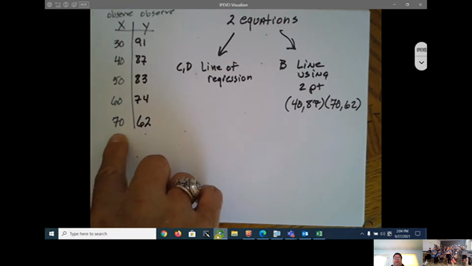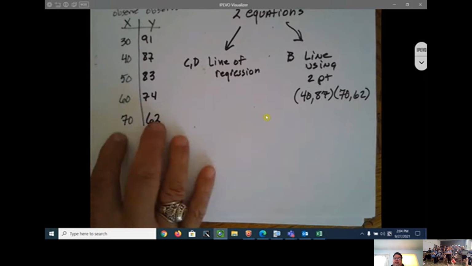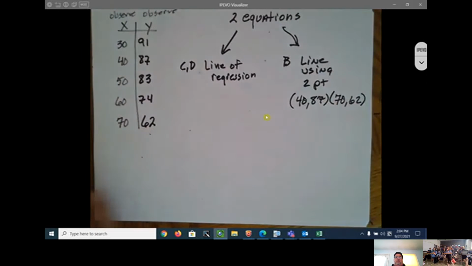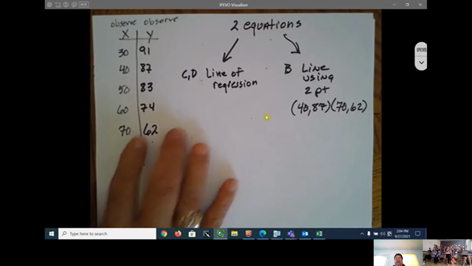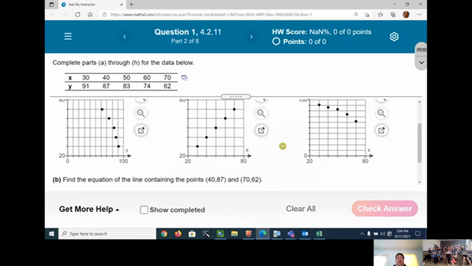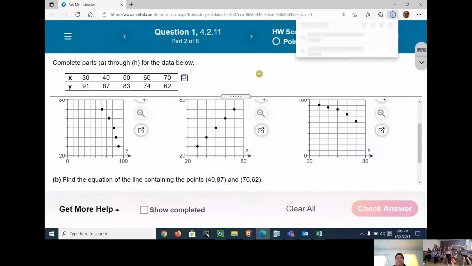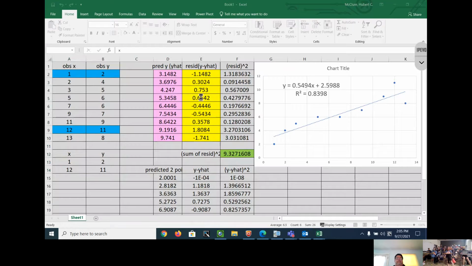So I'm going to break it up into 2 problems, and I hope you can follow along with me because, like I said, the way they have this written, it's kind of confusing. So I'm going to take this to the Excel spreadsheet and blow it up where everybody can see everything.